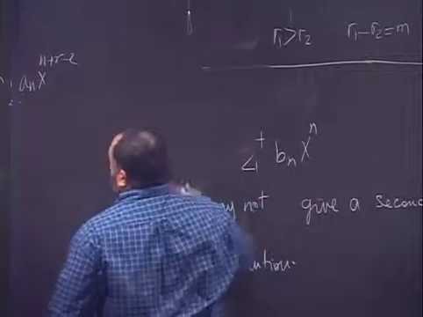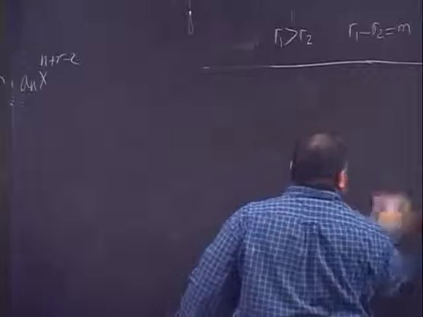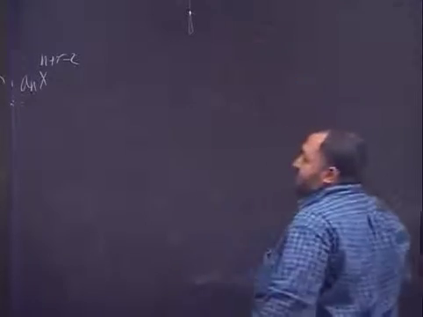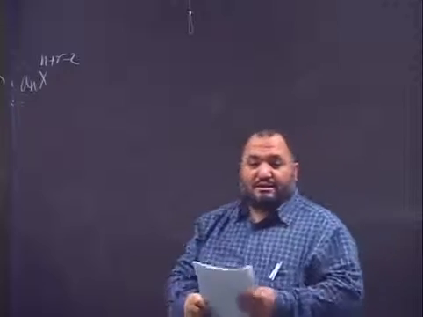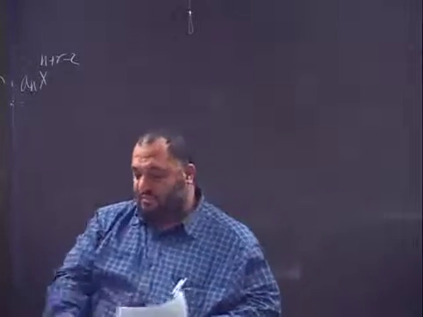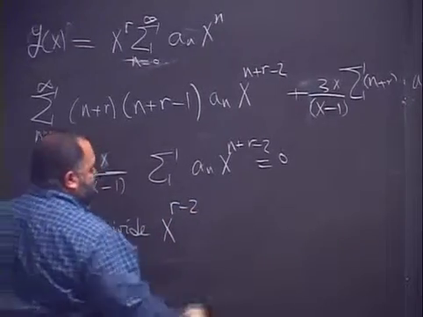So what's the next step? The next step is to find the indicial equation. But before we do the indicial equation, we have to divide by x to the power of r minus 2, both sides.